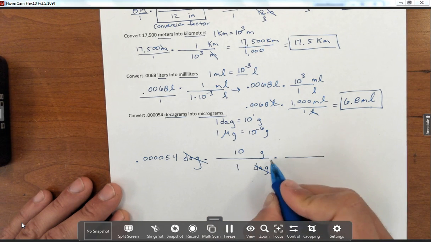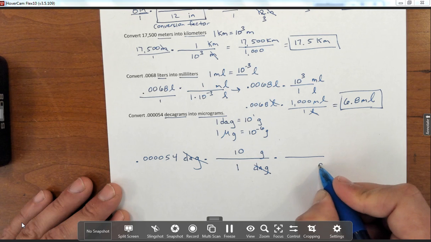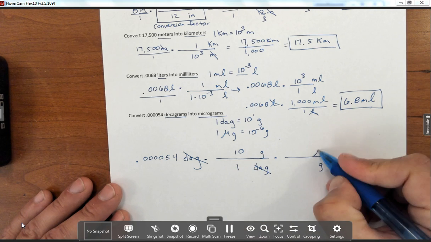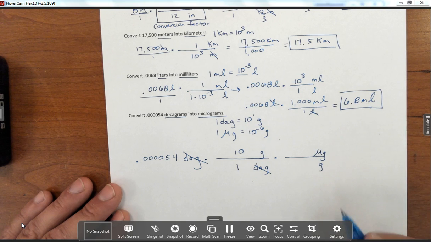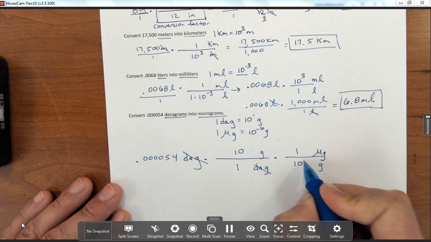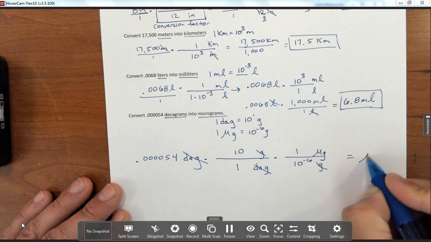And then right away, you can just say times another conversion factor. You now have grams, and we'd like to go from grams to micrograms. So now, since grams is on top and we want it to cancel, the grams goes on bottom, and the micrograms goes on top. And then plug in your knowns. 1 microgram equals 10 to the negative 6 grams. The grams are going to cancel, and you will be left with micrograms.